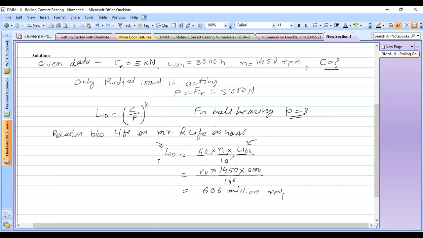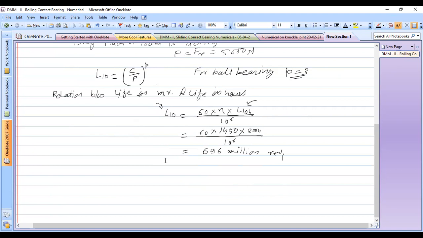Now once you got this L10 value, we have the next formula to find the dynamic load carrying capacity. L10 is equal to (C by P) raised to the power small p, which is equal to 696. C upon P, how much did we get? 5000 Newton raised to the power 3.